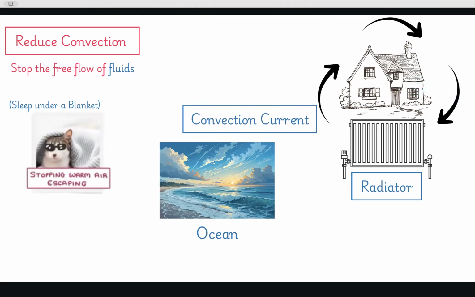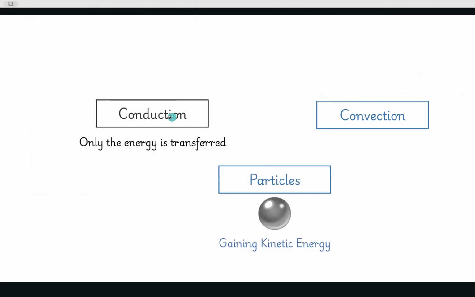To stop the warm air escaping, a convection current is formed. So that's conduction, and then convection. The difference is that in conduction only the energy is transferred, whereas in convection the particles move.